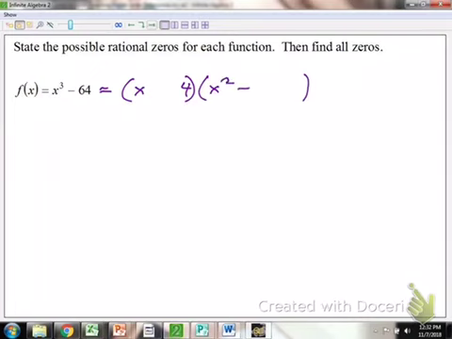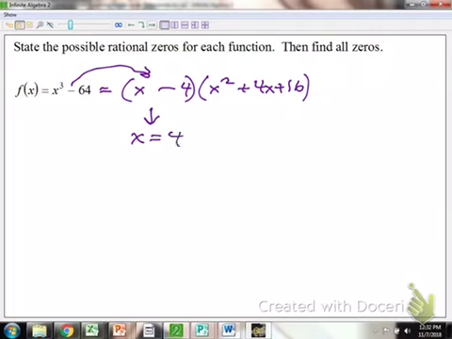We're going to square, multiply, square. Signs are same, opposite, positive. So we could do it that way, and immediately one of our zeros is 4.